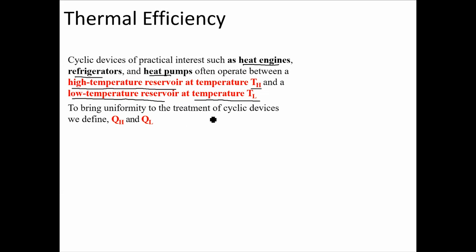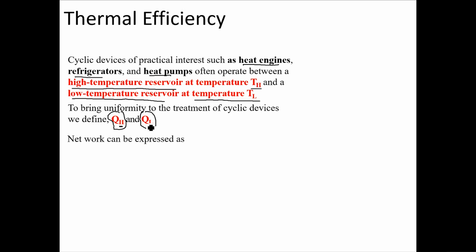Now, instead of writing Q in or Q out for cyclic devices, you represent heat coming from the high temperature source as Q subscript H, and the heat going to the low temperature sink as Q subscript L, which represents the heat associated with the low temperature reservoir.